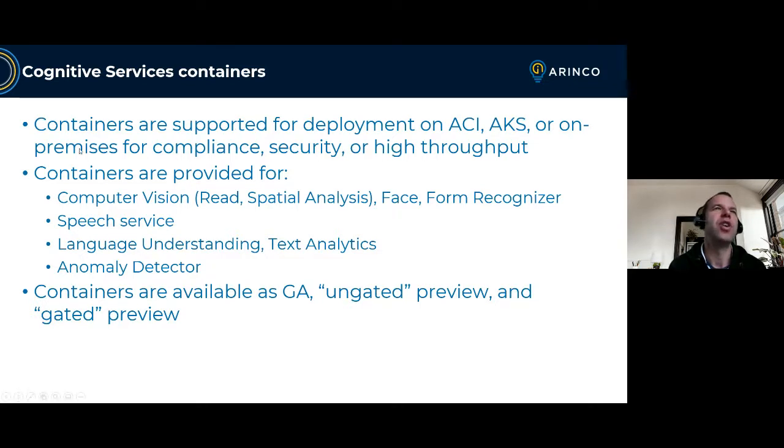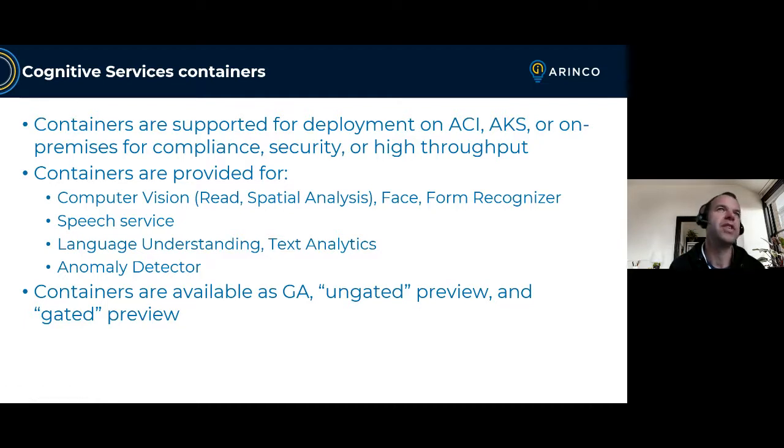The key reasons why you might want to consider these are for compliance reasons, where you want to keep the data close to the service that is using that data, and where you may have requirements for that data to be not in Azure, for example, or not managed by Microsoft. So you can deploy a cognitive service container for the API. Containers are supported for compliance needs, maybe for higher security or higher throughput.